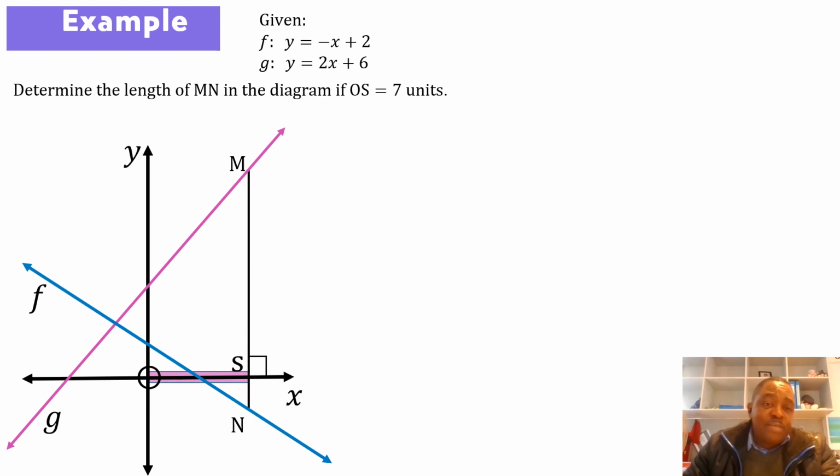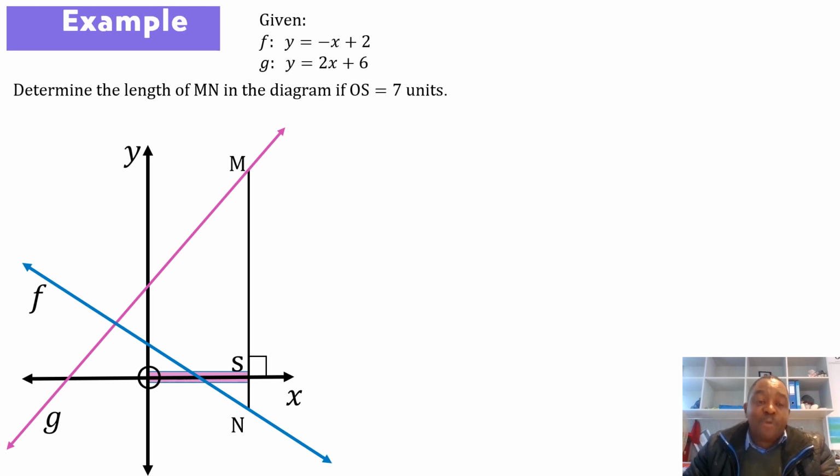The x-coordinate is 7 at point M, the x-coordinate is 7 at point N. Now, here's the trick in the question. Remember, to find vertical lines, we need the y-coordinate of those lines. We currently don't have that y-coordinate. So your calculations then will involve first finding the y-coordinates and then calculating the length of MN.